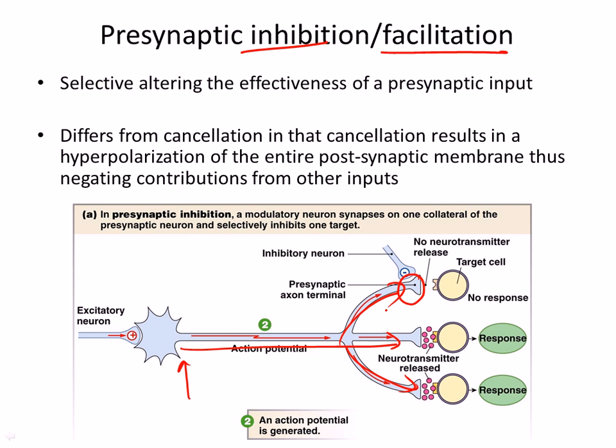It gets down to the axon terminal, it starts releasing neurotransmitter. But because we have another inhibitory neuron acting on that axon terminal, we are inhibiting the release of the neurotransmitter. We're acting on the presynaptic cell and preventing it from doing what it's supposed to do, even though it was stimulated to do so.